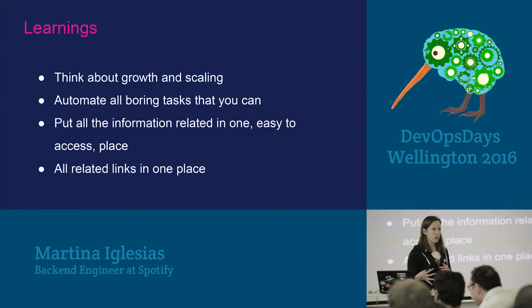Some learnings while doing this. Doing different things in different teams when you have a small number of teams is okay, and you can develop faster. But at some point, if the organization is growing, you should think about that growth and how to scale. And sometimes it's easier to just put a little bit more effort into automating all these boring tasks because it will save time later in the long term.